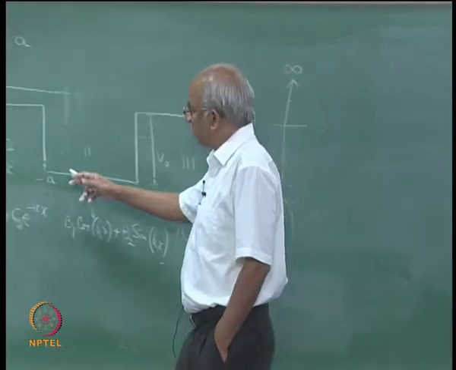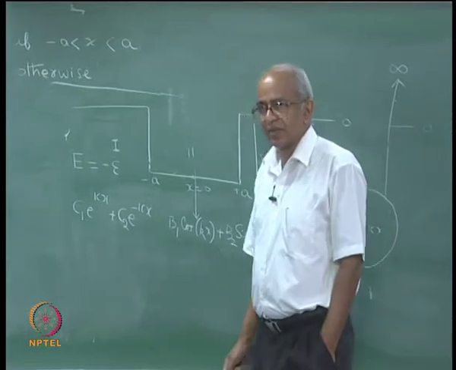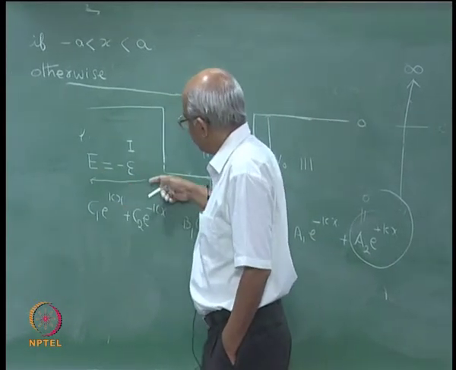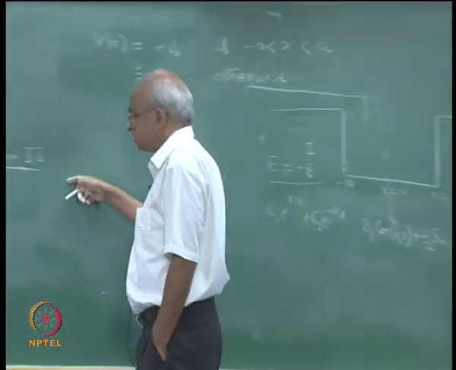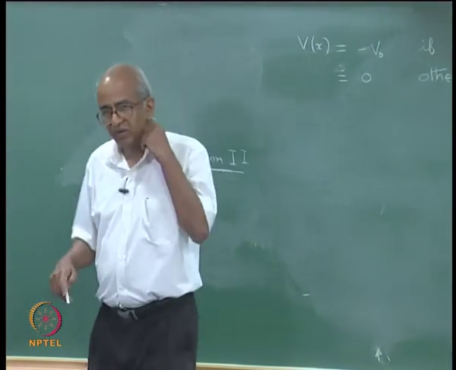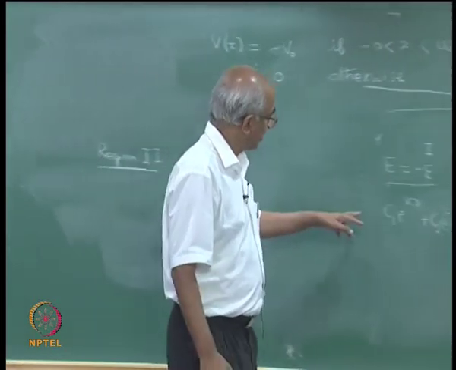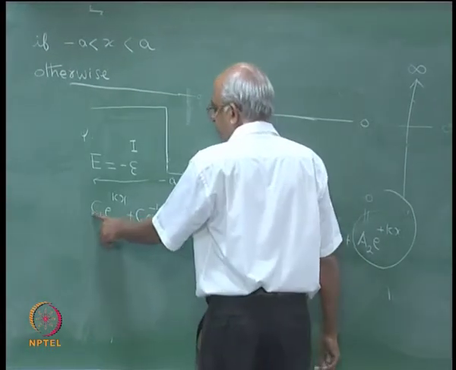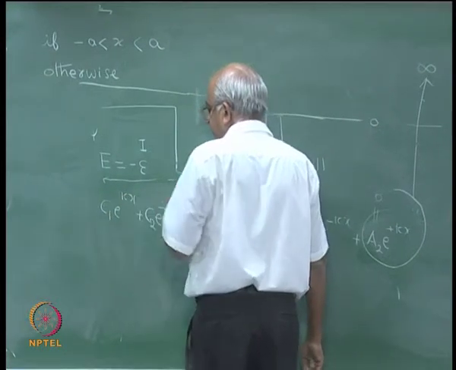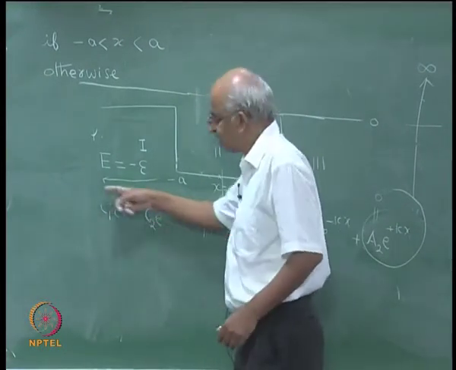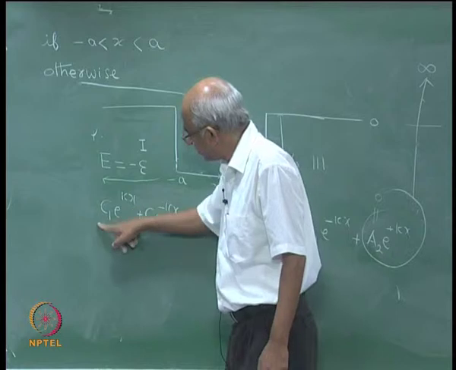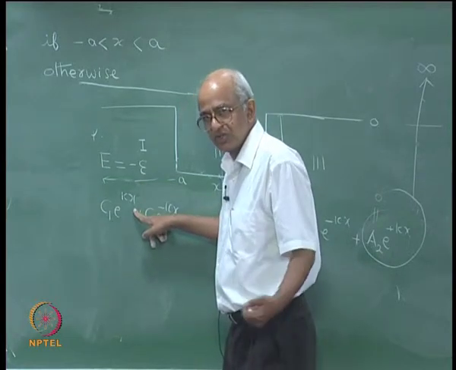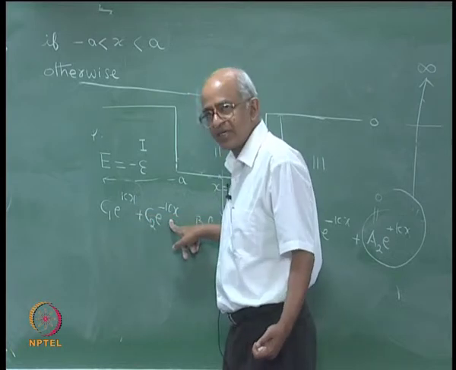Think of this other part. Look at this part. Here imagine x is going to minus infinity, then what will happen to these two terms? You have c1 e to the power of kappa x, x is going to minus infinity. So, this term actually will decrease to 0, while what about the other term?